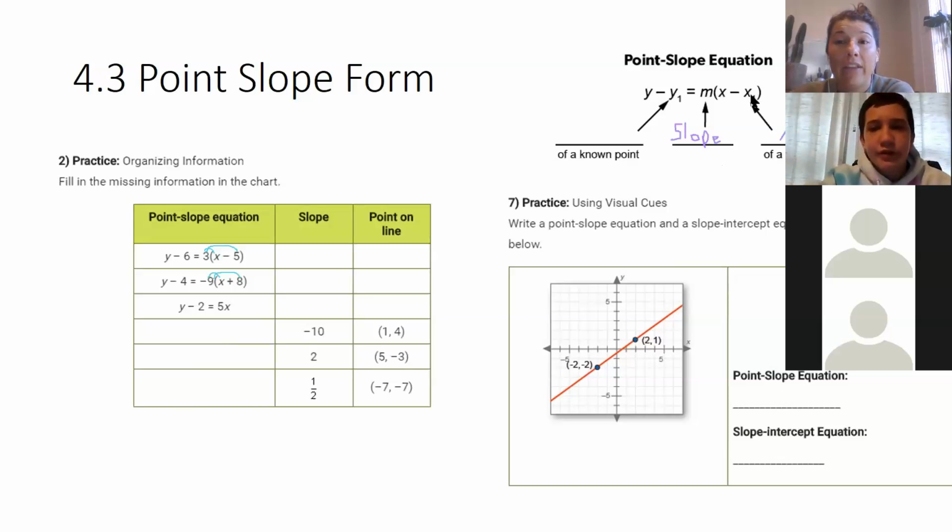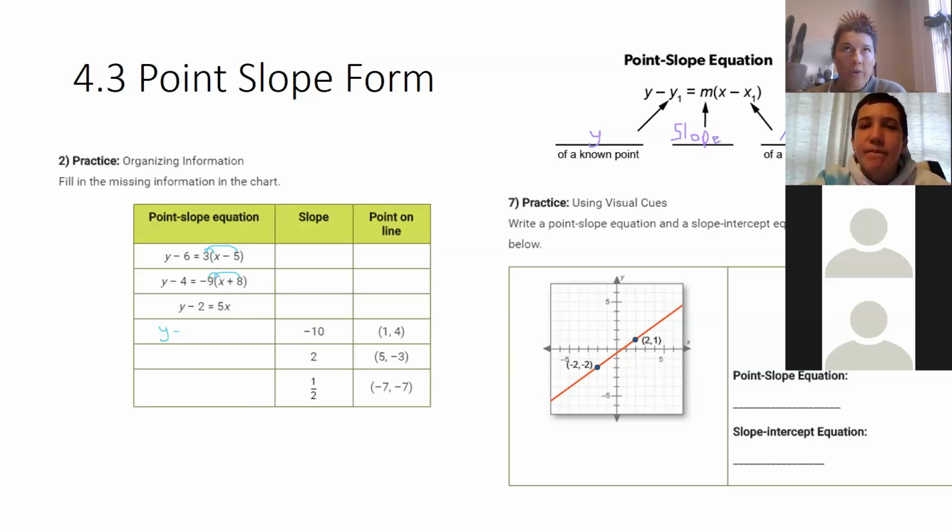All right, and this x1, y1 is a coordinate pair on the line. Any coordinate pair on the line.